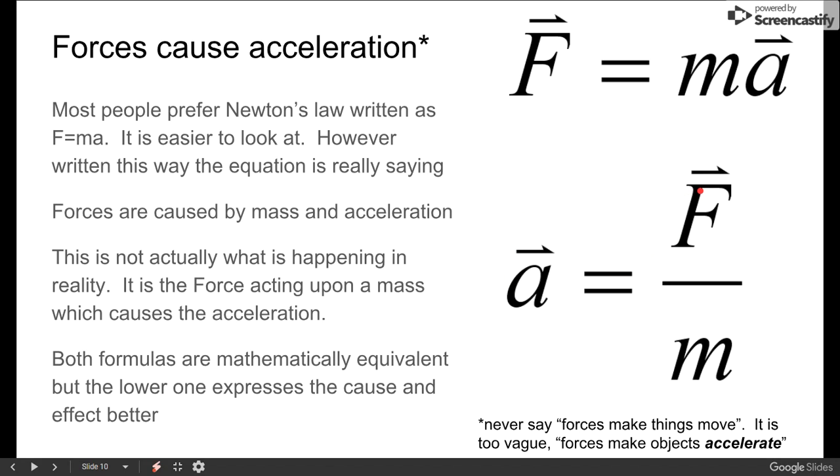It is the force acting on a mass that creates the observed acceleration. These two formulas are the same mathematically, but this formula shows the cause and effect. The cause, the effect.